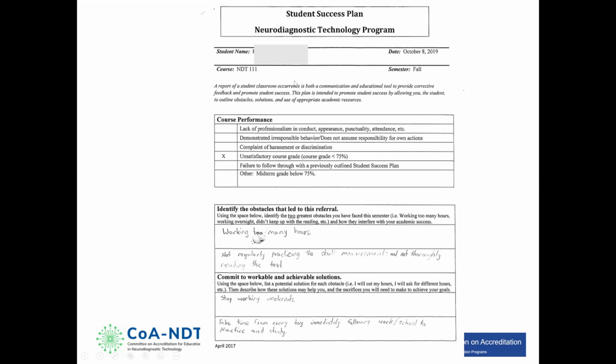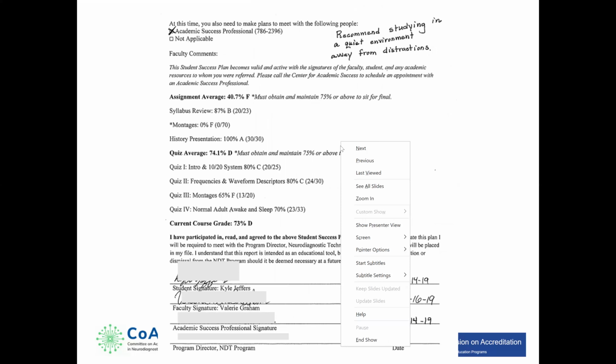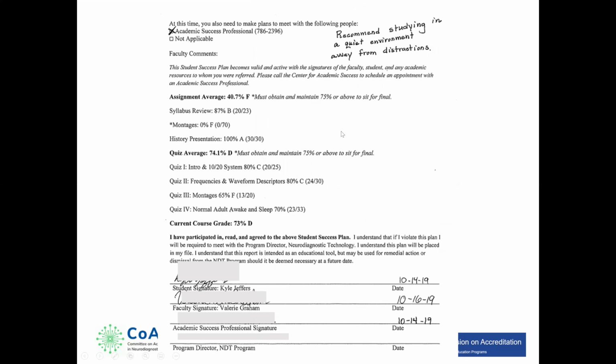So you use the same form for behavioral issues as well? Right. Many times those are communication records too, and may not be a success plan. Behavioral could be professional behaviors, maybe they show up late or they don't use the appropriate methods to call in.